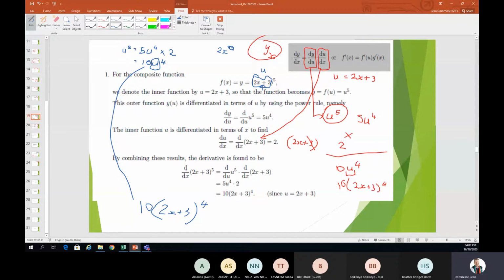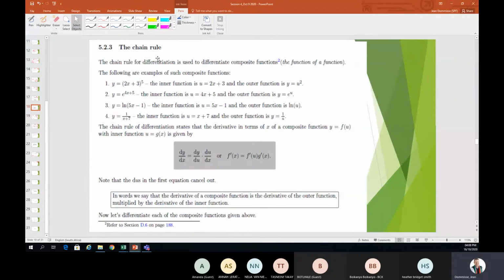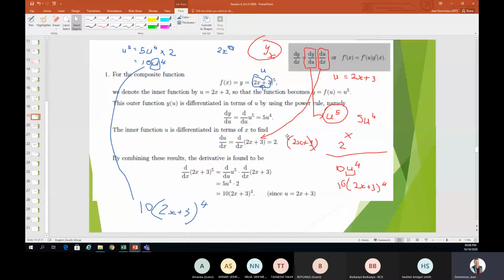So that is just a quick look at how the chain rule works. For me, the easiest way to look at it is that you substitute that term with something easy.